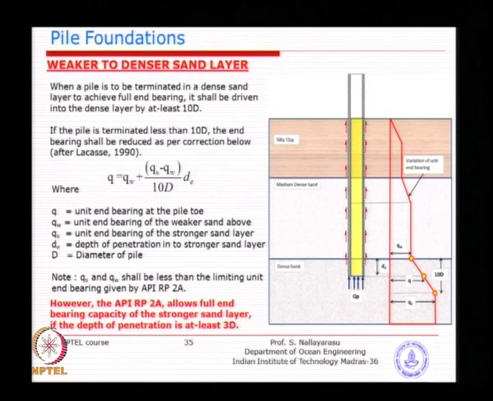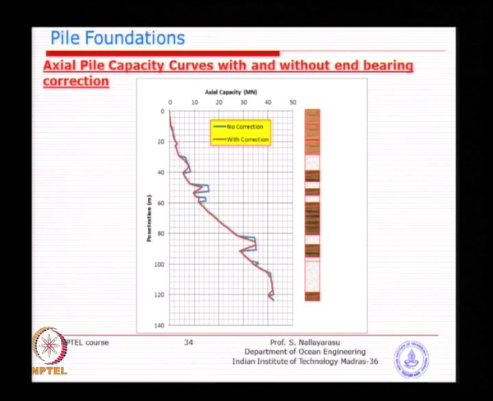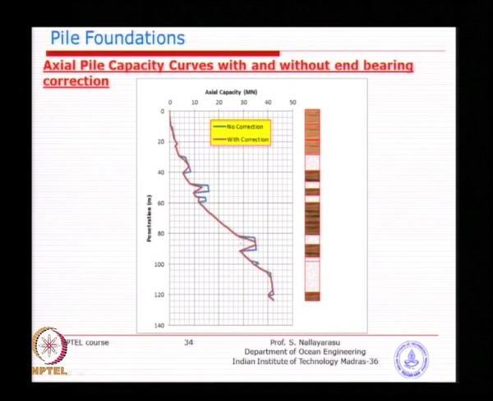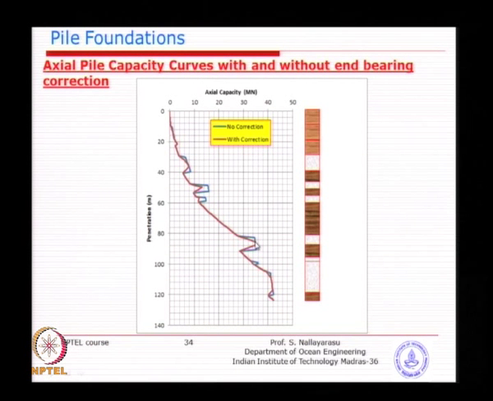So, when you are actually going back to this picture now, you can see here what has happened. If you just concentrate on this layer, at the starting of the layer, the capacity is calculated based on the previous layer, basically based on the weaker, the clayey material, and then when you have gone down to 3 diameter below, it has achieved full end bearing capacity of the sand layer, but in between you see the red color is just linearly interpolating.